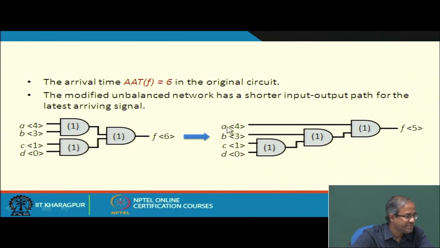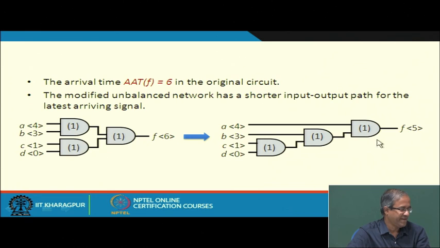Because the slowest input A is encountering only one gate delay. So, now this output will be ready by 2, 3 and 2, this output will be ready by 4. So, this output will be ready by 5. Here the output was coming at time 6, but after this restructuring, your actual arrival time of the output is becoming 5. Okay. So, this is the advantage.